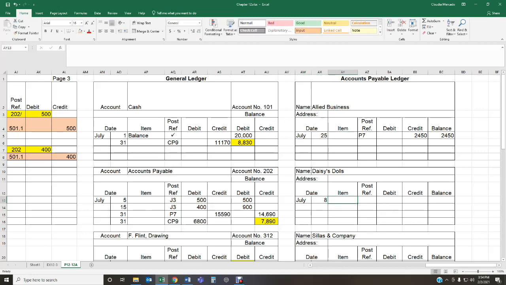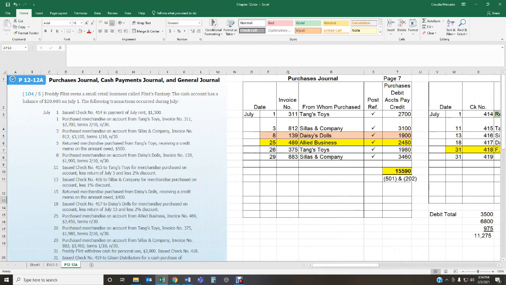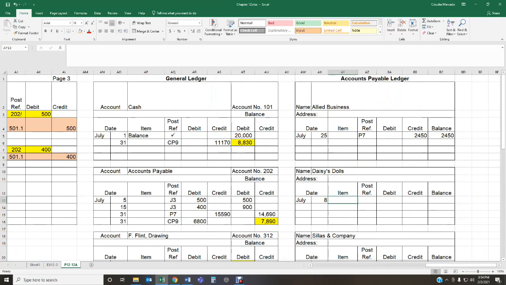And where am I getting this once again, guys? I'm getting this from my Purchases Journal. I'm looking at Daisy's Dolls, $1,900, and that's Purchases Journal 7. So this is P7, and it's a credit of $1,900.